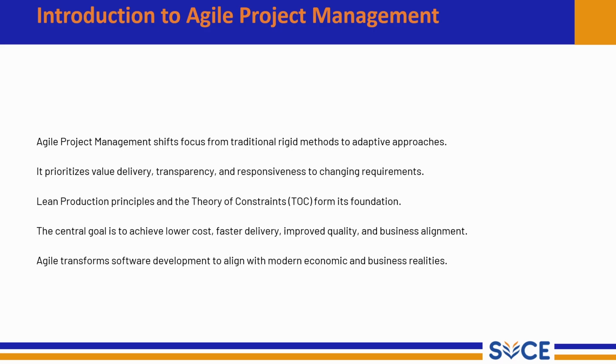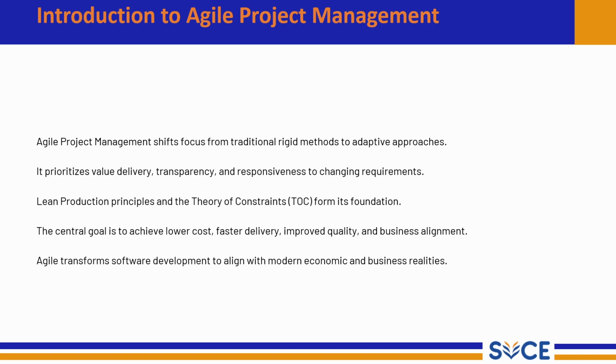Lean production principles and the theory of constraints form its foundation. Agile project management is built on lean principles like eliminating waste, improving flow, and continuous improvement. It also uses the theory of constraints to identify and resolve the bottlenecks that slow project progress.